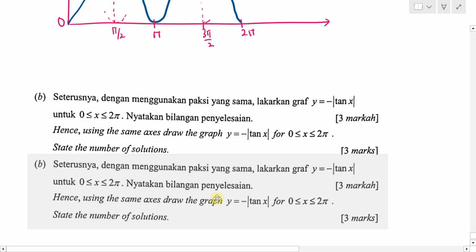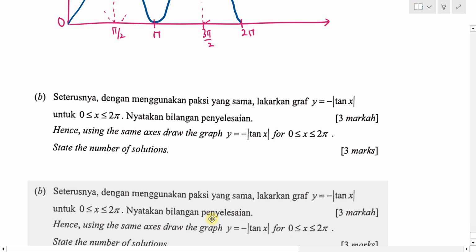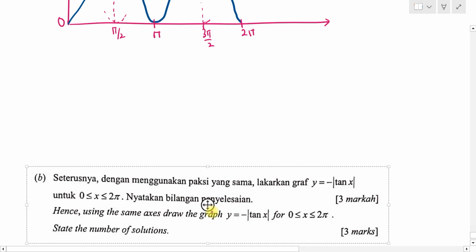Then state the number of solutions. Okay, can you see it's a tangent graph but they put negative here. The negative is outside the modulus, so we need to draw everything on the negative side.